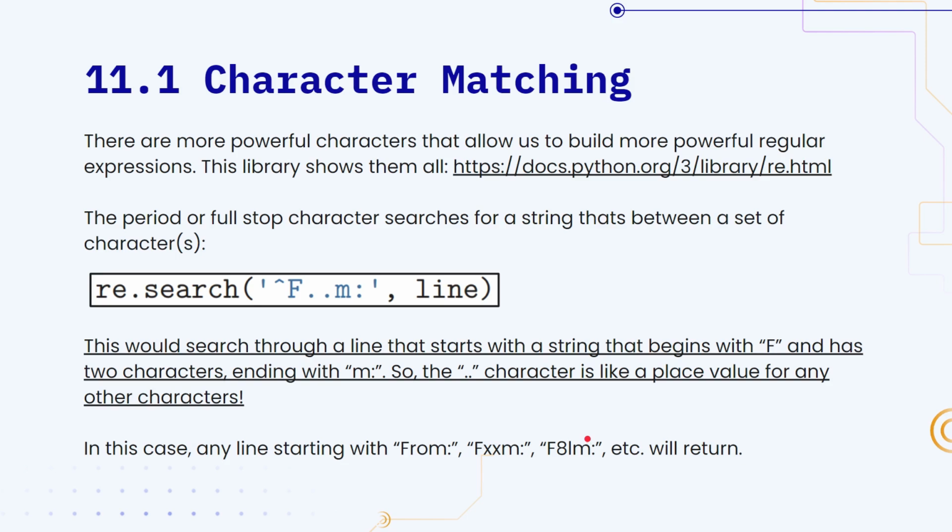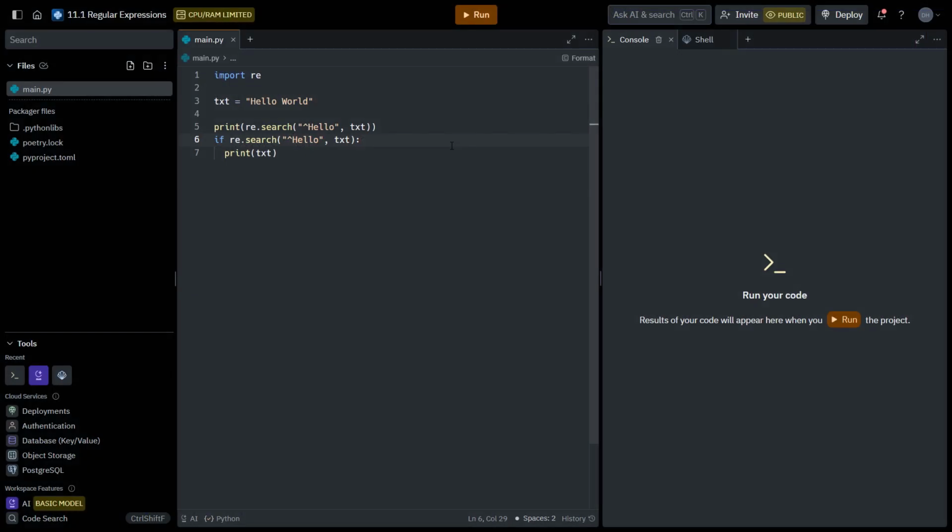So let's look at this in the text editor. Here I've kept the same example from last time, but now let's add on to it and implement the period symbol. So let's say I want to search if the text begins with, due to the caret symbol, capital H, two something characters, and LO.